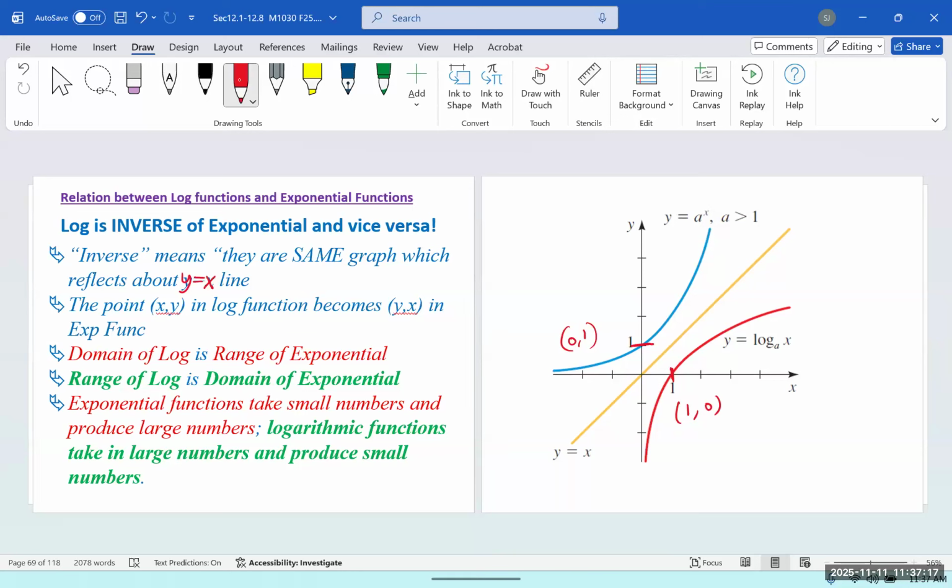So x on the exponential is y on the log, and y in the exponential is x in the log. They switch the position. Is it the same equation though? No, this is y equals b to the x. And this is y equals log base b of x. So if you can find a value for one, you can find the value for the other by switching the position.